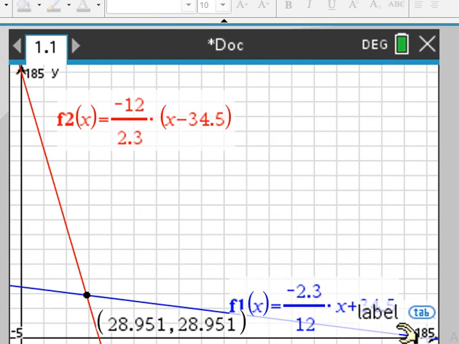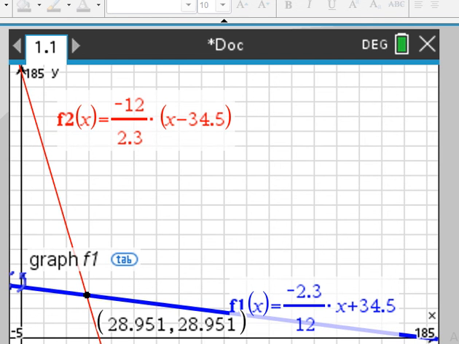So what they're saying is when the truck is worth $28,951, 28.951 months have passed. And the key to this is X and Y are the same.